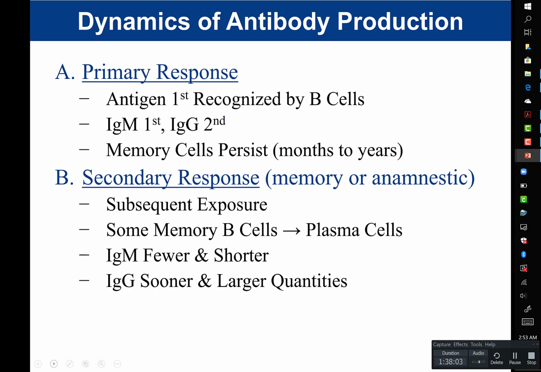IgM is produced in fewer amounts and for a shorter time, but the IgG is produced sooner and in larger quantities. And so it's going to help to fight off the infection before you see symptoms of the disease.